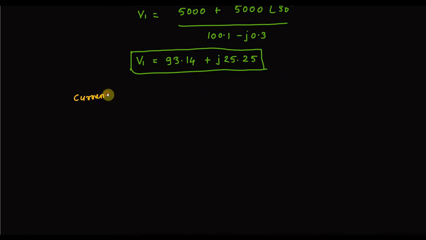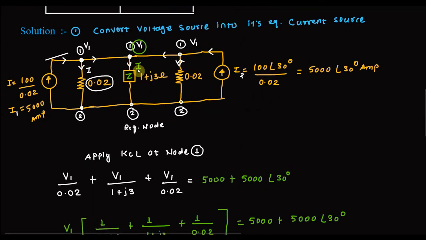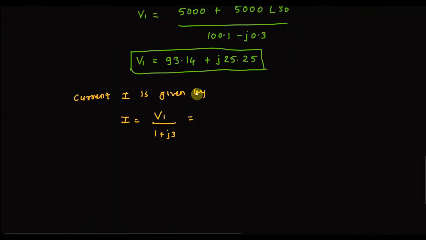Current I is given by I equal to V1 upon 1 plus J3. That is, the current is equal to the voltage V1 divided by the ohmic value. The ohmic value is 1 plus J3.